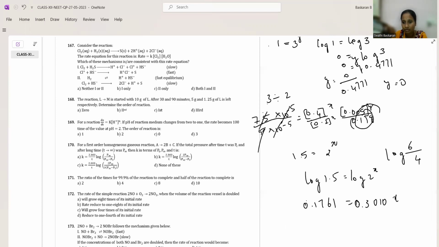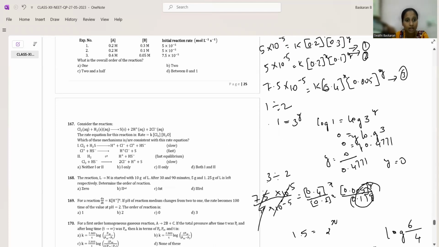Now what is the x value? x is equal to 0.1761 divided by 0.3010, which once again comes out to be 0.58. So the x value is less than 1 and the y value is 0, and hence the overall order of the reaction will be between 0 and 1. So your correct answer would be option D.